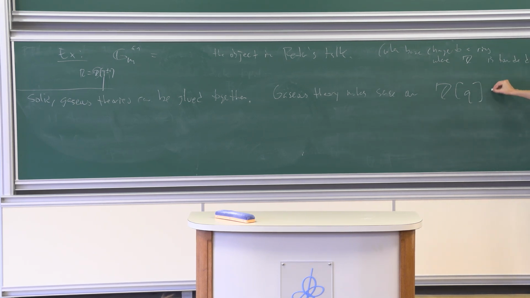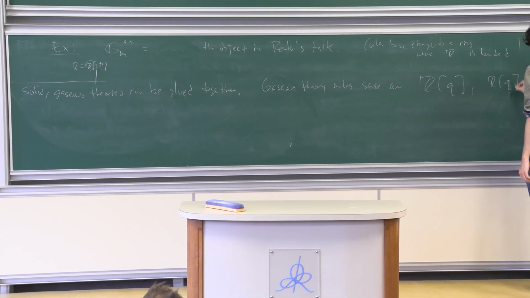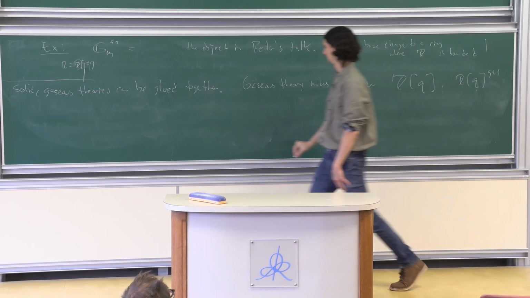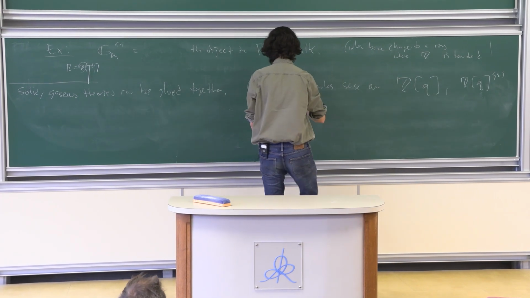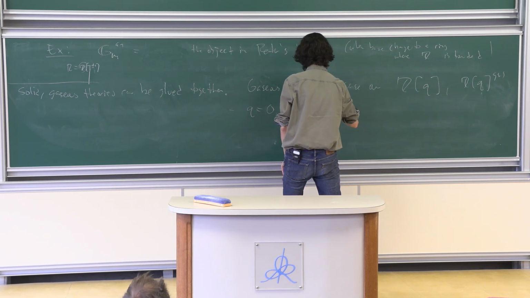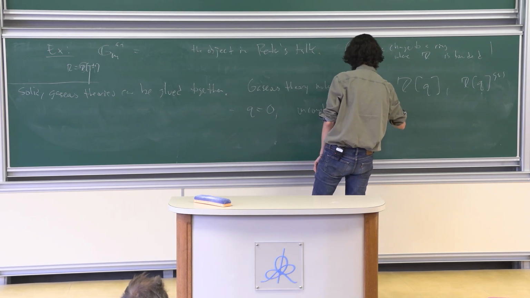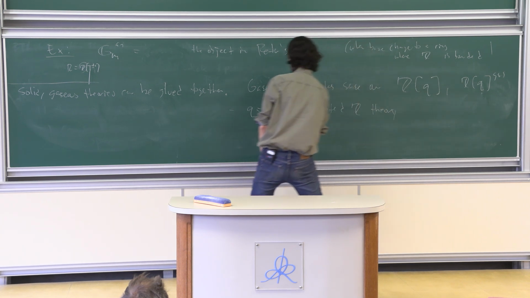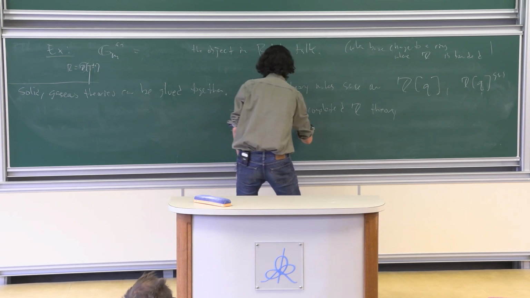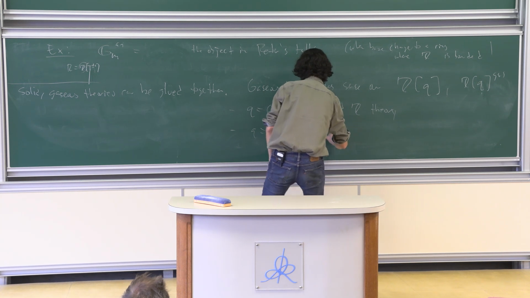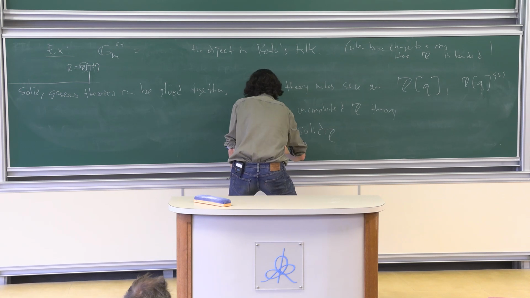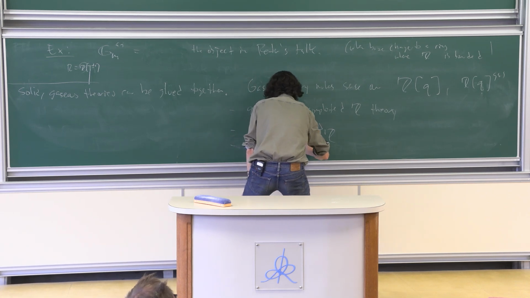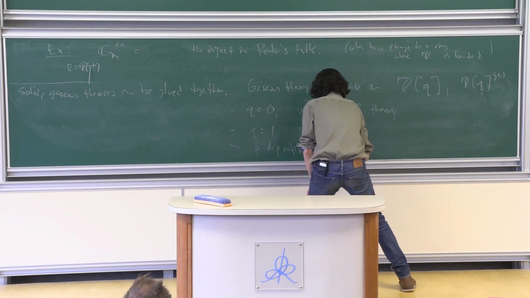So this gives ZQ gas. What happens if you set Q equal to 0, you get the uncompleted Z theory. If you set Q equals 1, you get the solid theory. And if you require Q to be topologically nilpotent and a unit, you get the gaseous theory.